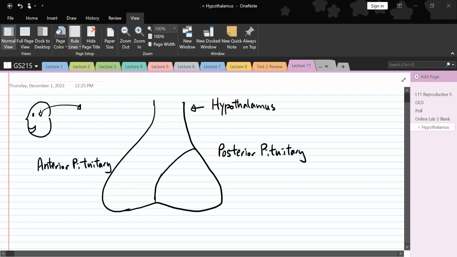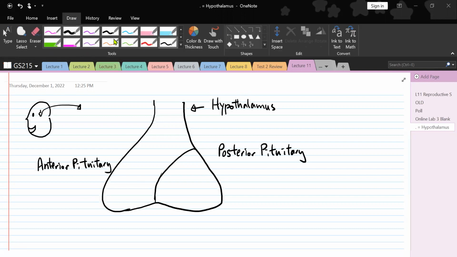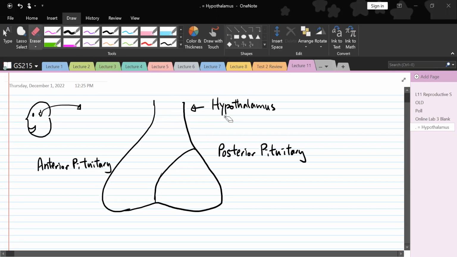Now, there are two groups of neurons found in the hypothalamus. Some of them will have their axons extend all the way to the posterior pituitary gland, like this.